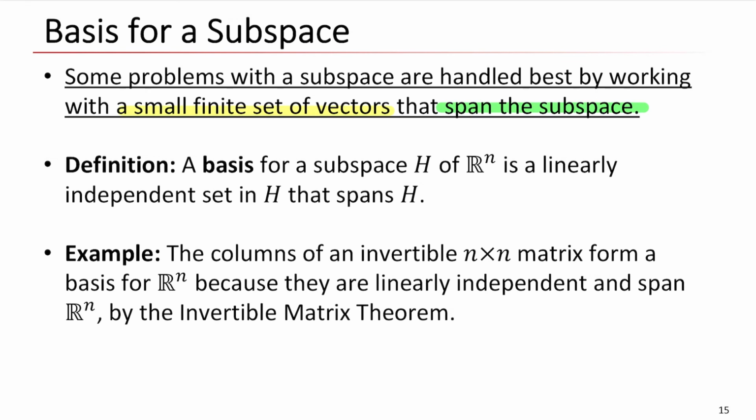In other words, if we have a small finite set of vectors that span the subspace, then we can use this small finite set instead of using every possible vector in the subspace, right? So this is the concept of the basis. Okay, so from now on, let's see what it is.